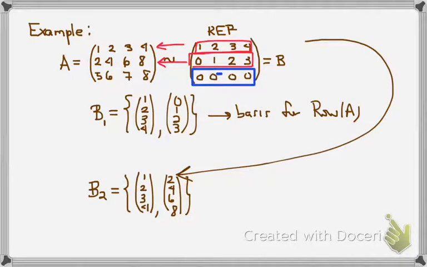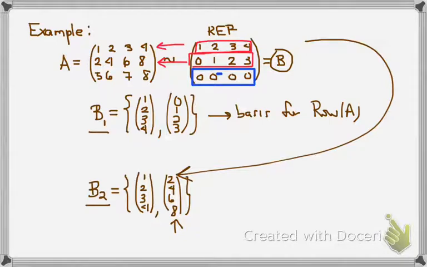I've relabeled these bases B1 and B2 because I don't want you to confuse them with the matrix B that we have here. So again, B1 is the basis for the row space of A, and I want to show you that B2, which are the first two rows of A, does not form a basis for the row space of A. First of all, notice that the second element is twice the first, so this does not even form a linearly independent set.